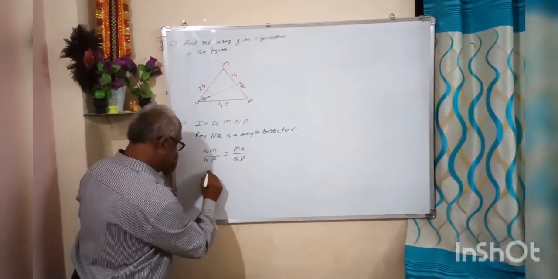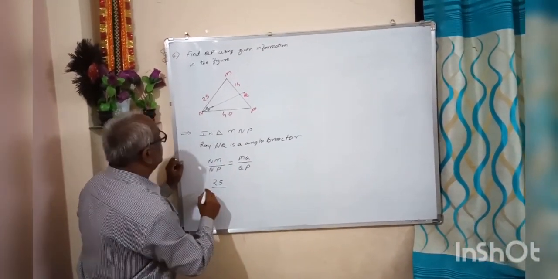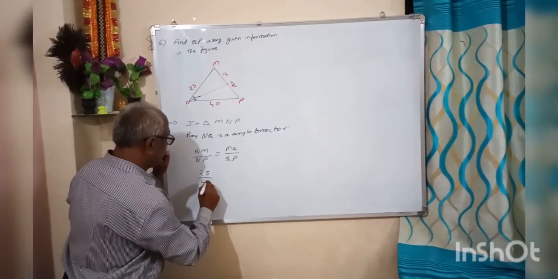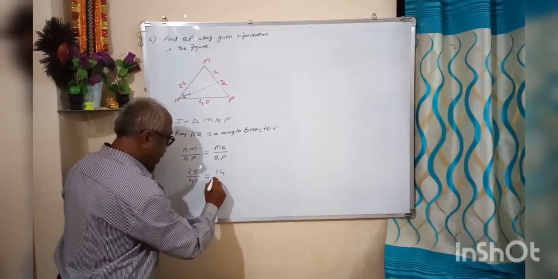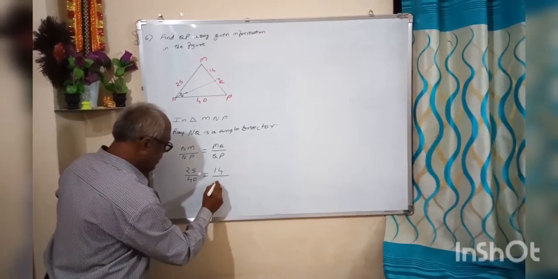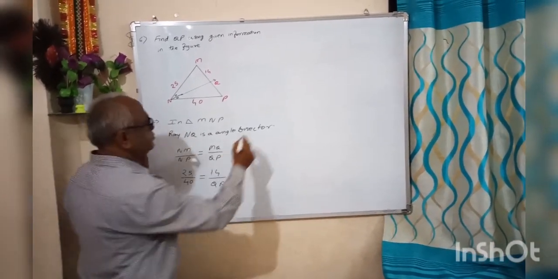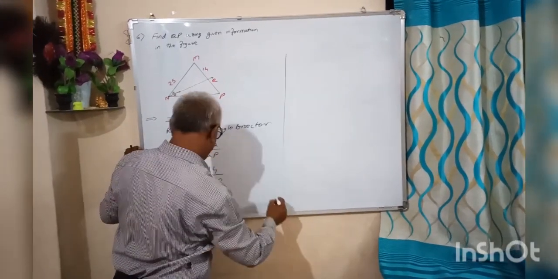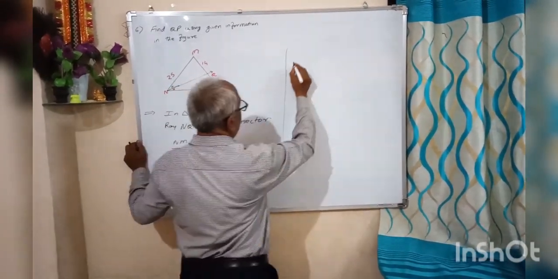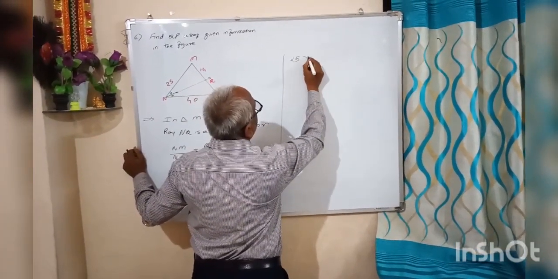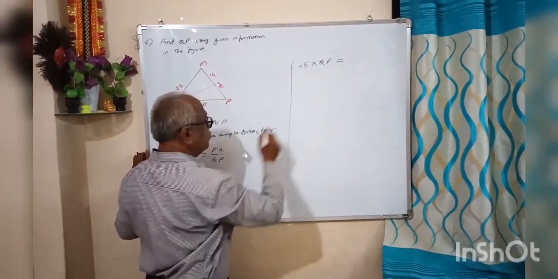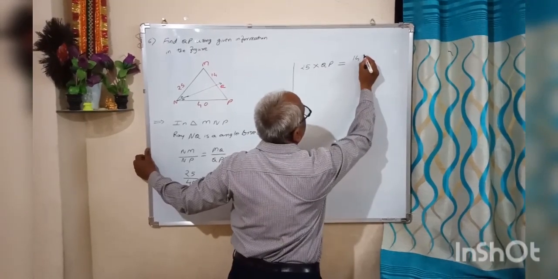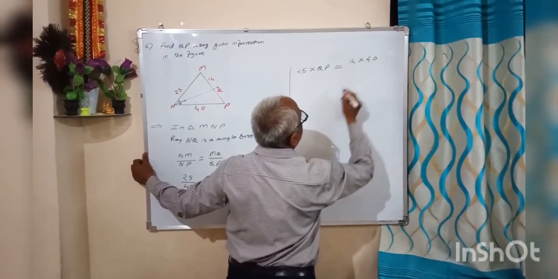NM is 25, NP is 40, is equal to MQ, that is 14, upon QP, which you are going to find. So now taking cross product, 25 into QP is equal to 14 into 40.